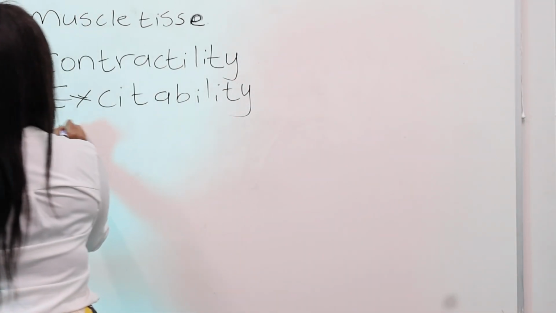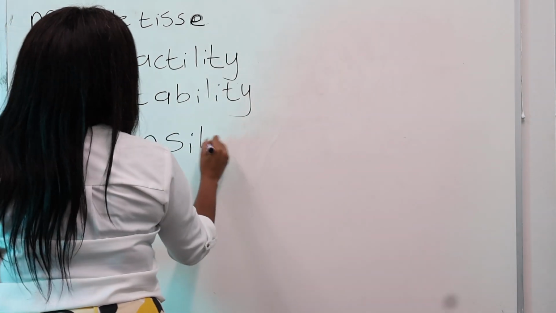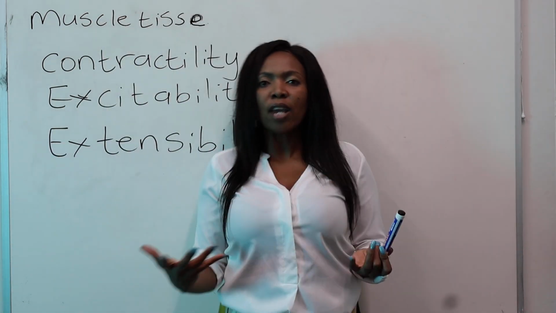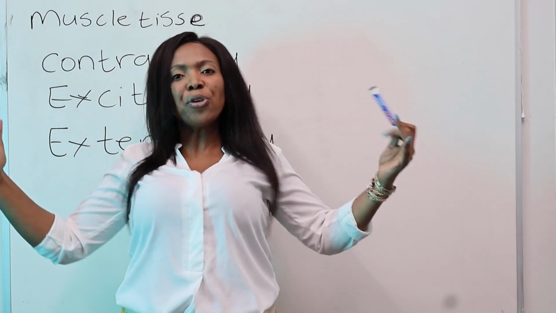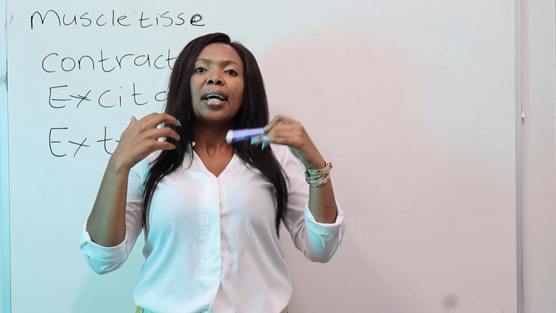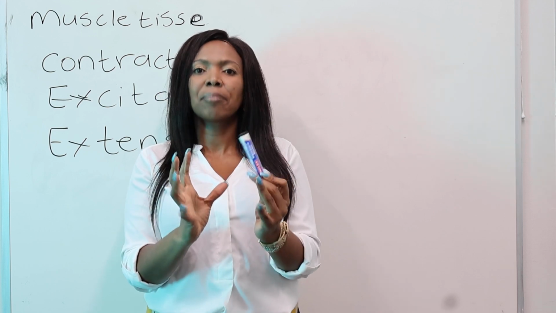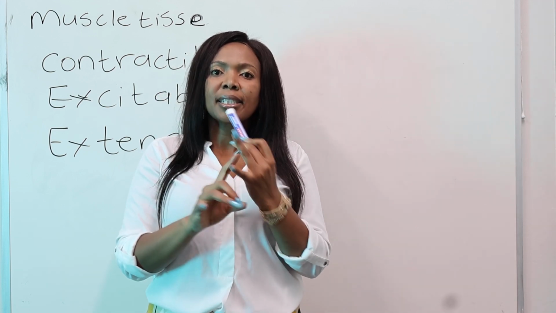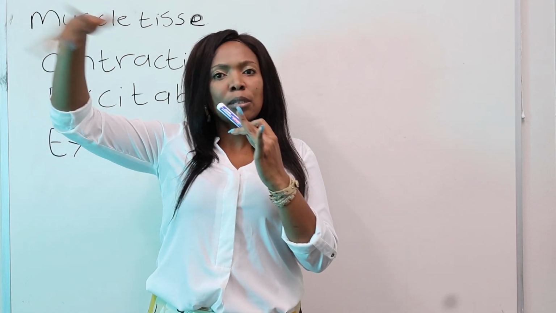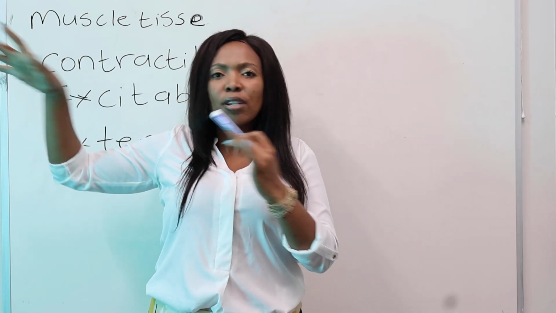And then the other characteristic is extensibility. Muscles are able to extend beyond their normal length. Those that know about the gym, in the gym there's different classes. There is Pilates and yoga and other classes, kick, spring, pump, and all those dancing moves.